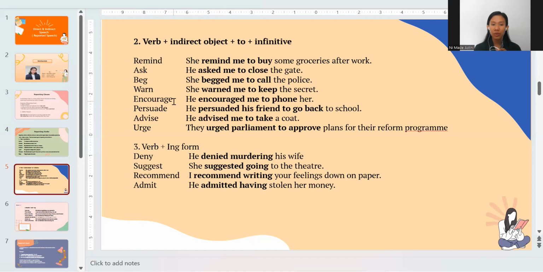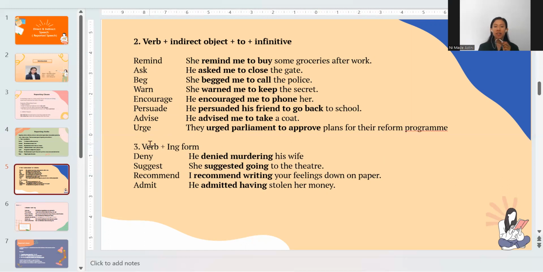Encourage: he encouraged me to phone her. Persuade: he persuaded his friend to go back to school. Advise: he advised me to take a coat. And urge: they urged Parliament to approve plans for their reform program.